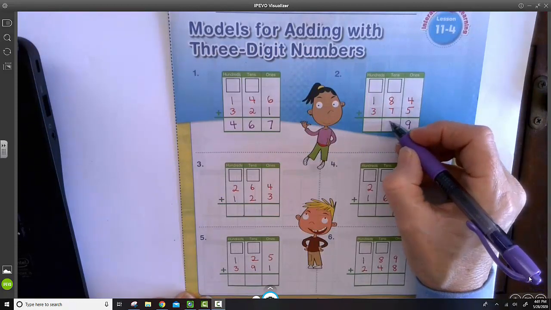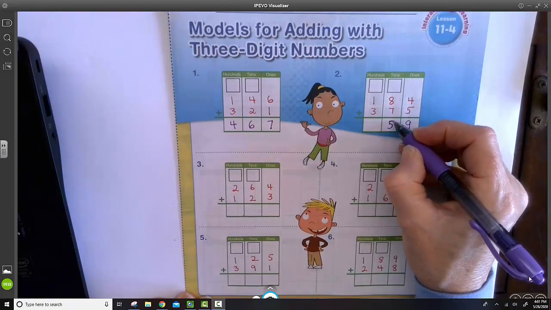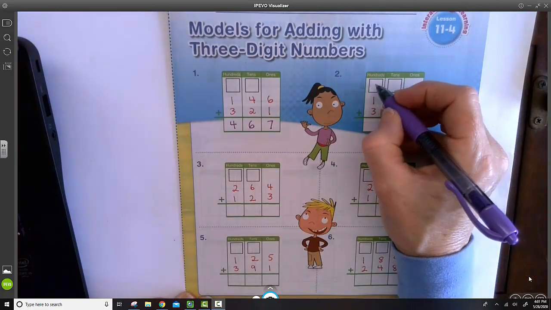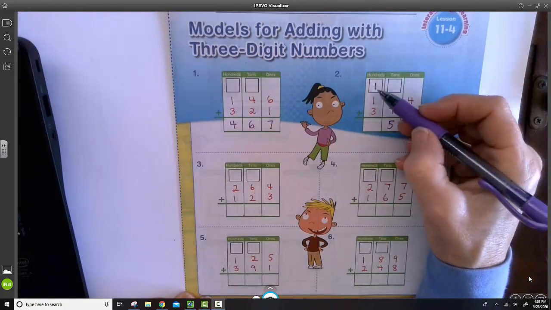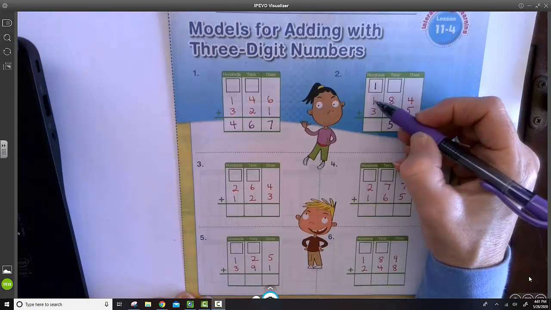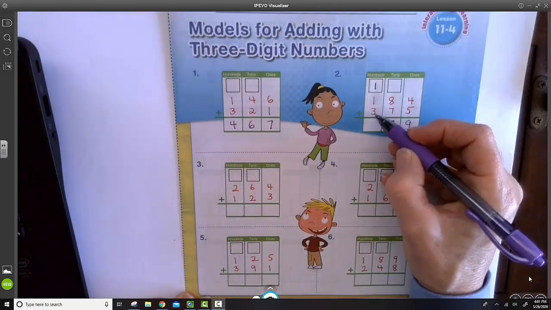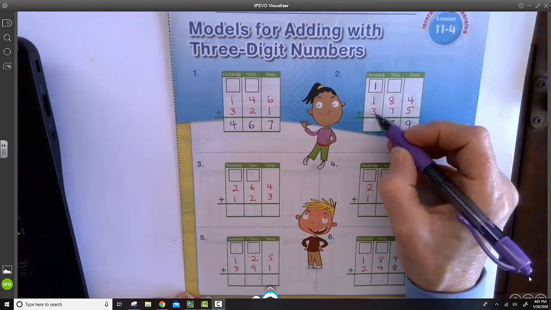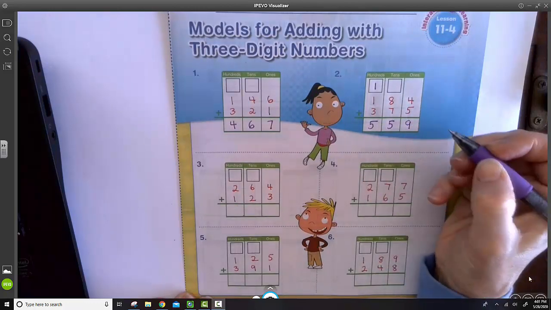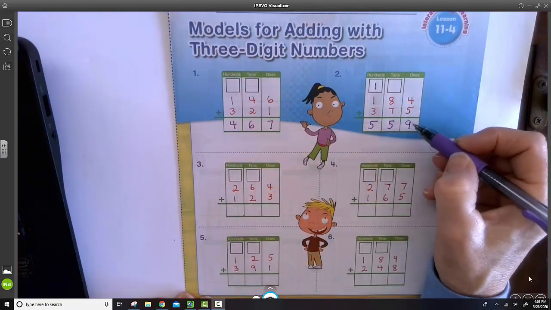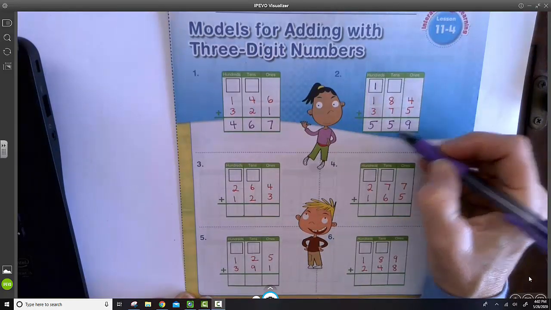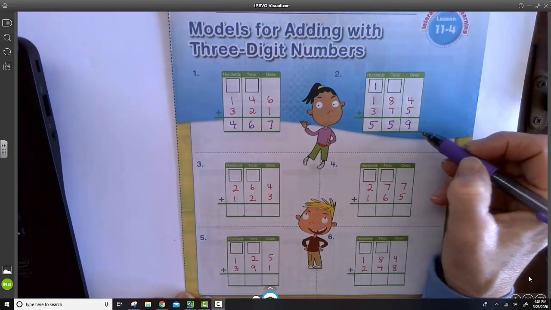So we place 5 of the tens and the other 10 tens, which would equal 100, we regroup. Now we can see 1 plus 1 is 2. So 100 and 100 is 200, plus the 300 of the second addend. That would give us 500. So there are 500s. 184 plus 375 equals 559. The sum is 559. Great.